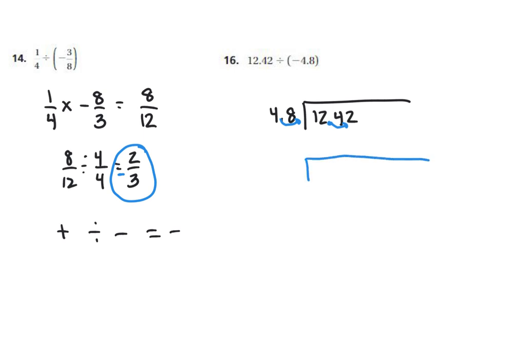So my new division problem is 124.2 divided by 48. Bring my decimal point up, and now I can start my long division. 48 doesn't go into 1 or 12, but it goes into 124 twice. And 2 times 48 is 96.